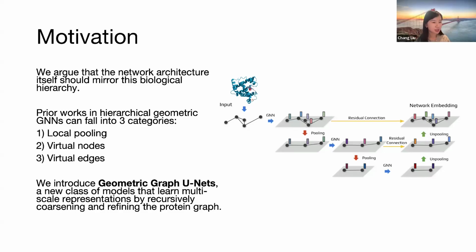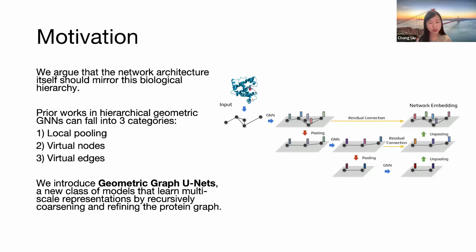Before designing this framework, we studied a few works in hierarchical geometric GNNs, which can be categorized into three types: local pooling, virtual nodes, and virtual edges. Local pooling clusters nodes at each GNN layer to form new nodes for the next layer, with approaches ranging from basic clustering to learnable and attention-based adaptive pooling.